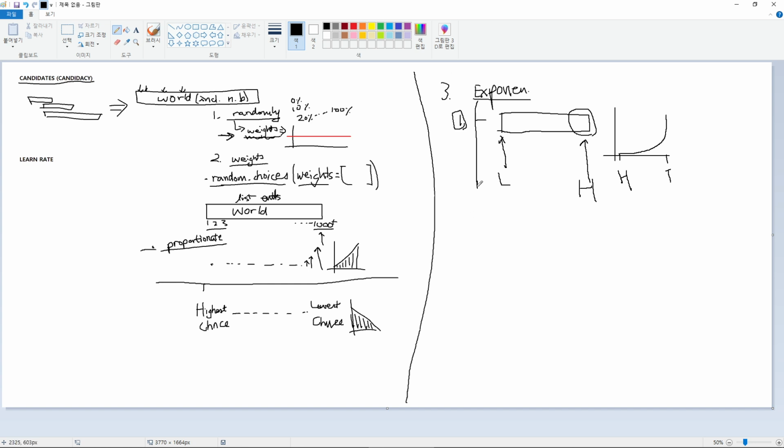And so naturally, another way of doing it with exponential weights is, you guessed it, the other way around, where this is where the head is and this is where the tail is, and the tail would have the lowest chance of being picked and the head would have the highest chance of being picked. So that's 1, 2, 3, 4, 5.